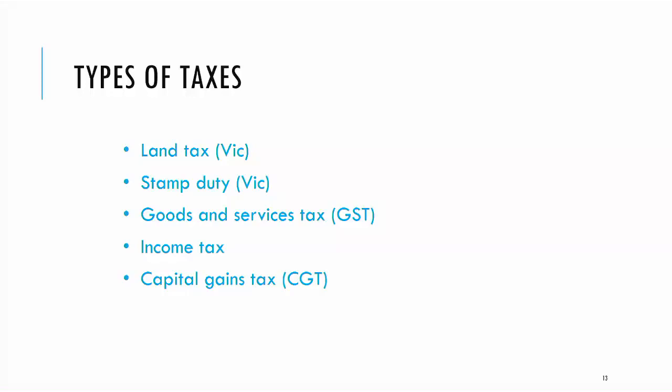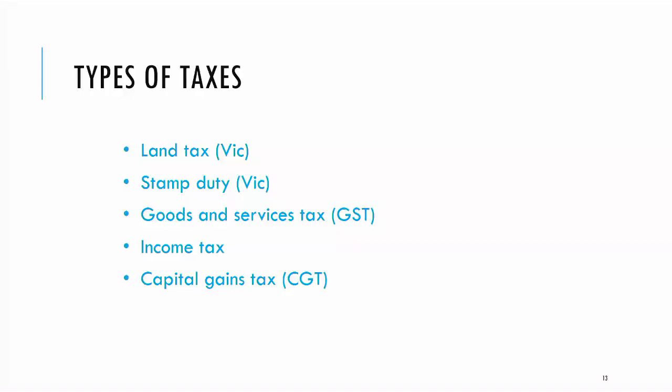It comes under income tax, but when it comes to capital assets, we calculate the capital gain tax separately. But the rate is the same as your personal tax rate. It's not a different tax, it's part of income tax. Yeah. Among these five, are the first two state and the other three federal? Yeah.